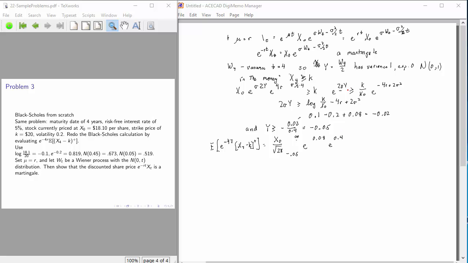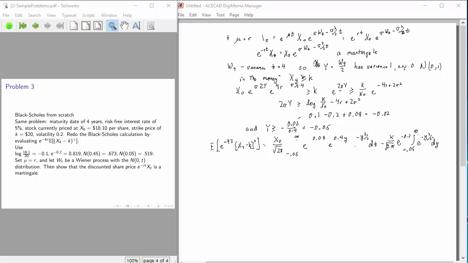That's 2 times sigma. I replace my random variable y by the variable of integration. I multiply by e to the minus y squared over 2 to complete the density function. And then I've got a similar term with the strike price over root 2 pi times e to the minus 0.2. That's the discounting factor. And again, the integral from minus 0.05 to infinity of e to the minus y squared over 2 dy.